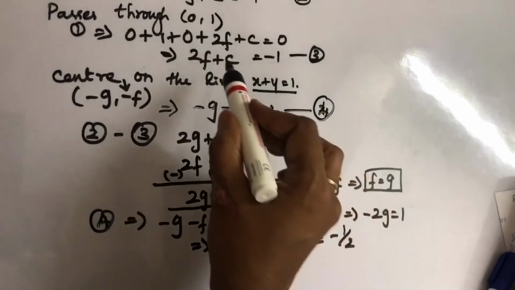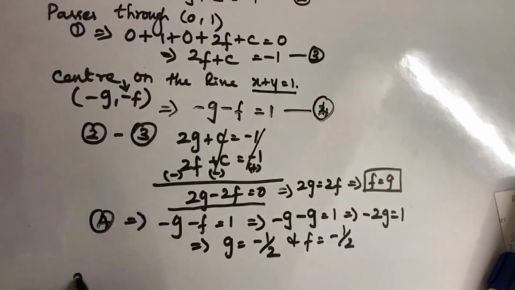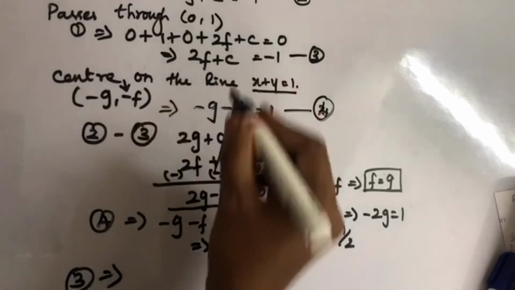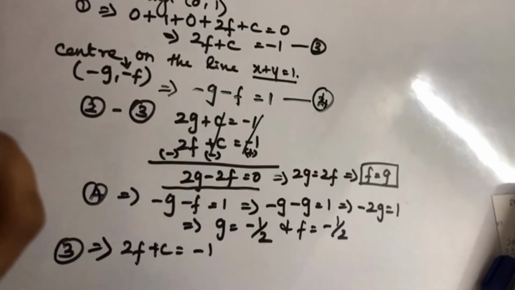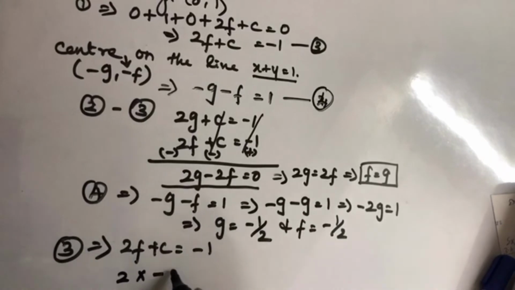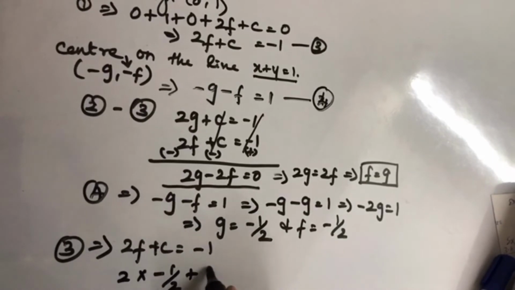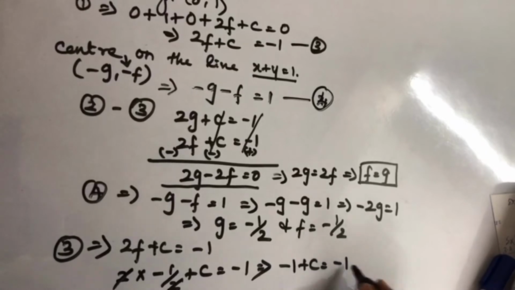Now, we have to find the value of c. So, equation 3 implies 2f plus c equal to minus 1. So, 2 into, instead of f, it is minus 1 by 2 plus c is equal to minus 1. 2 to get cancelled, that implies minus 1 plus c is equal to minus 1.